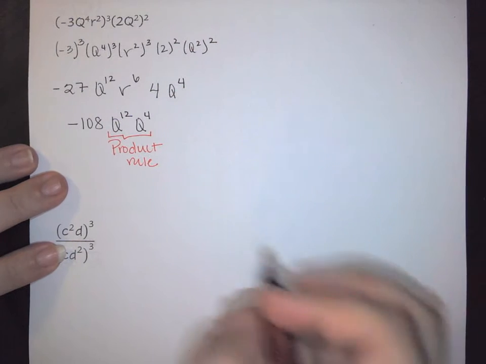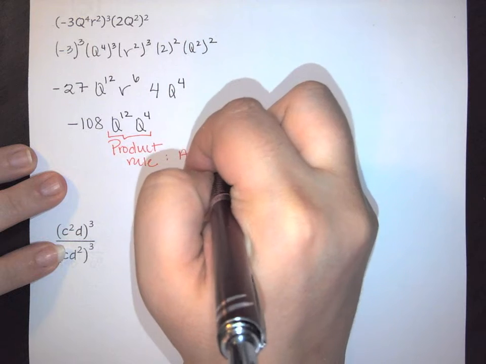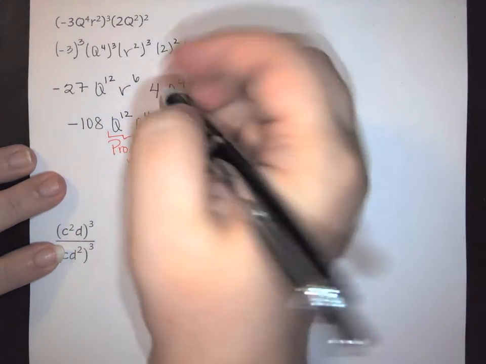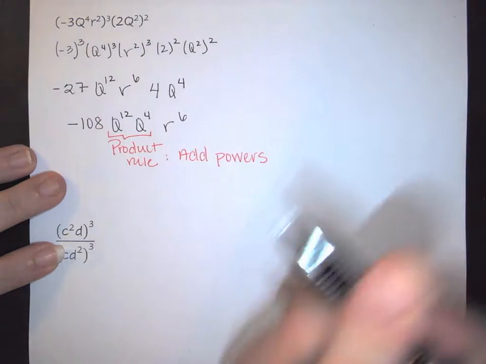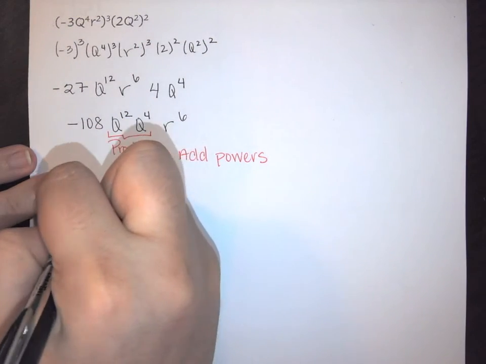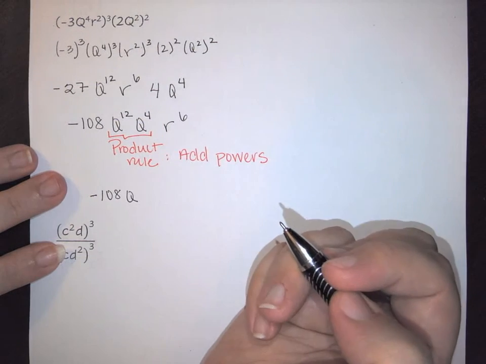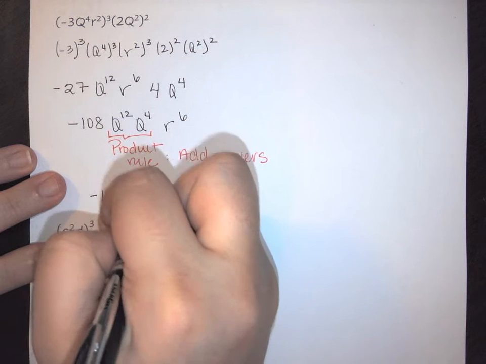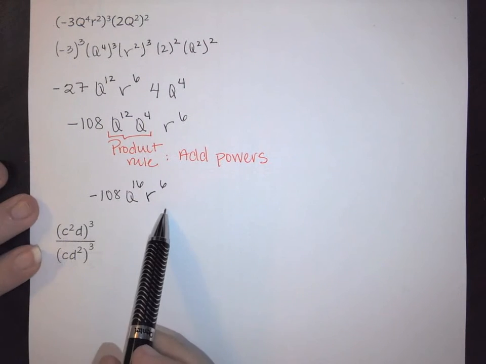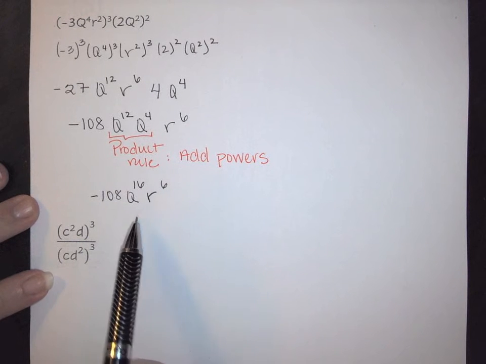Now the product rule says to add your powers. And then we have r to the 6th. So here I have to use my product rule before I can finish. So this would be -108 q to the 12 plus 4, which is 16, r to the 6th. Now since everything has been simplified and combined, we have completed our problem.